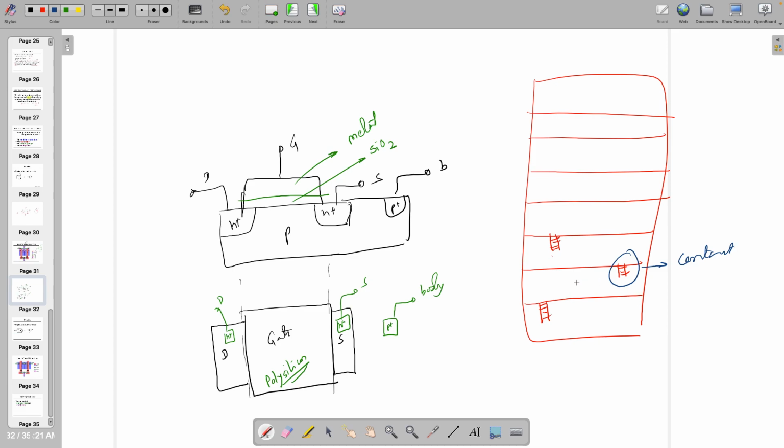Each floor may have possibility to make the connection, but if you are making the connection here or here, they are not overlapping each other.